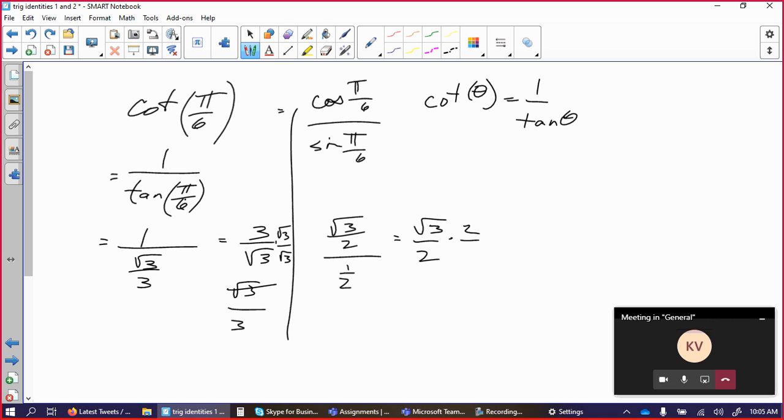Pi over 6. The tan of pi over 6 is 1 over root 3. 1 over root 3 over 3.